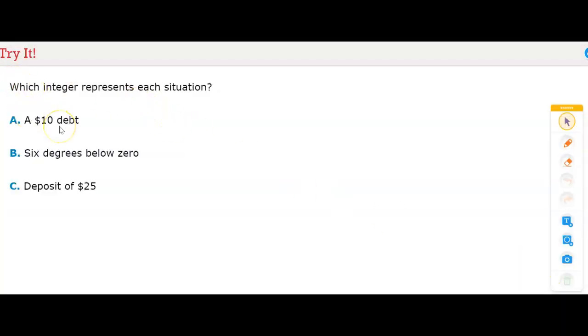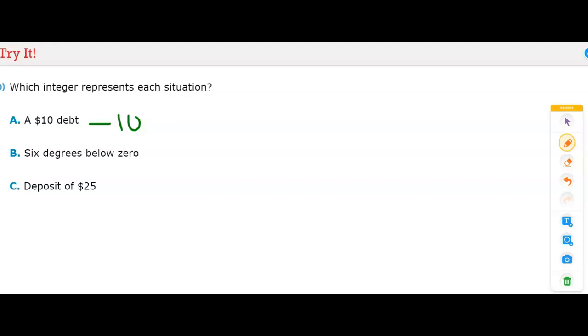Which integer represents each situation? For each one of these situations, we have to write an integer. So we have here $10 debt. That means you owe someone money, so that means you're -10. And B is 6 degrees below 0.